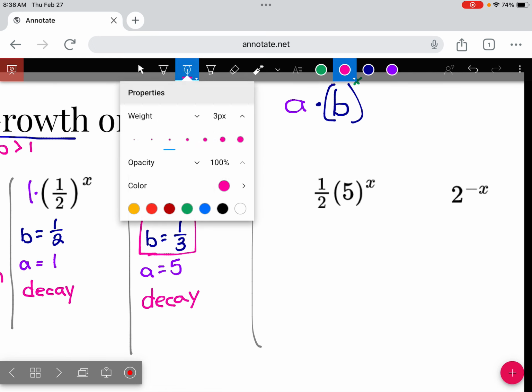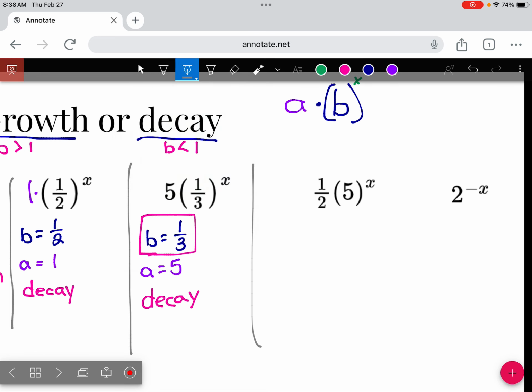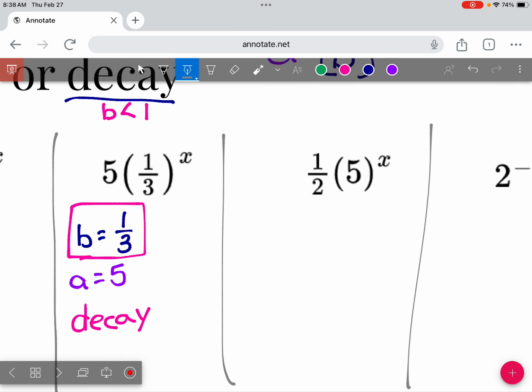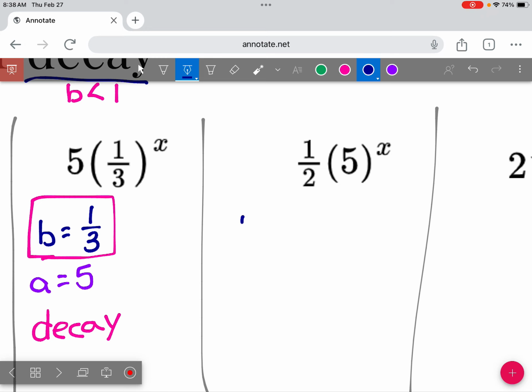2 more, one of which is normal, the last one's trying to show us a thing. So what is our base on this next one? 5. And our initial value, our A, is 1/2.